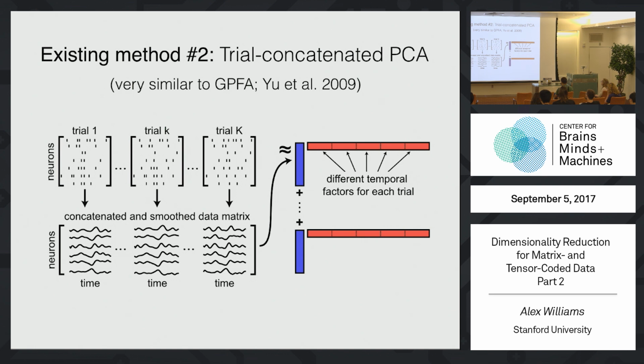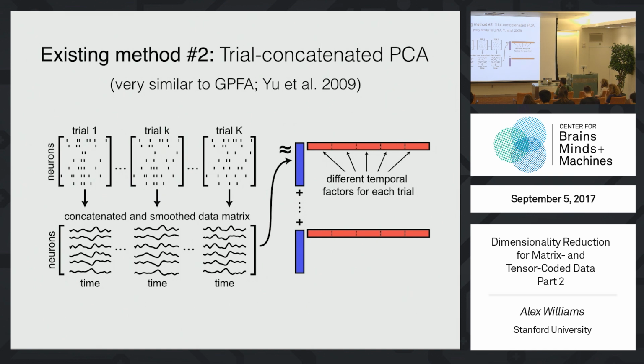But when you fit PCA to this very large matrix that's very wide, for each trial, you basically get a different set of temporal basis functions. And there's nothing saying that the temporal basis functions on trial 1 are similar to the temporal basis functions on trial 2 or any other trial. So you're separately fitting a different low-dimensional trajectory for each trial.